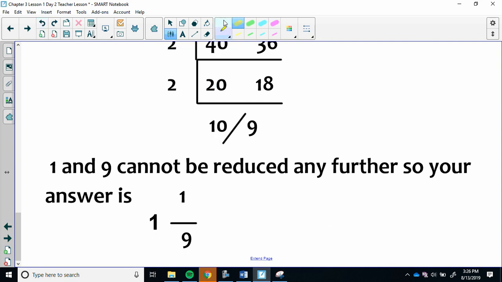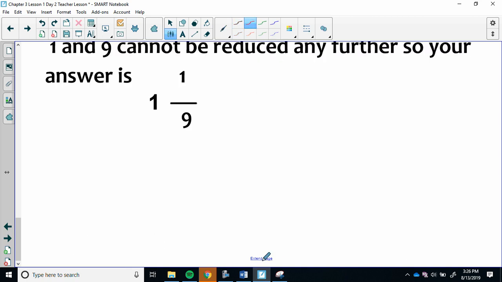If I switch to a different type of pen, I can usually write better. So I'm going to extend the page. We have 10 over 9. We ask ourselves, how many times does 9 go into 10? 9 goes into 10 one time. 1 times 9 is 9.